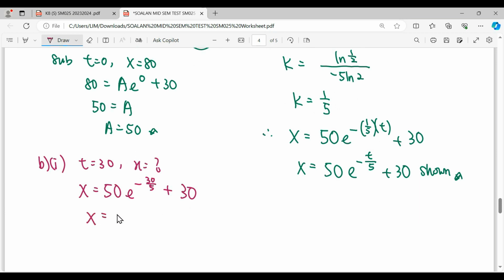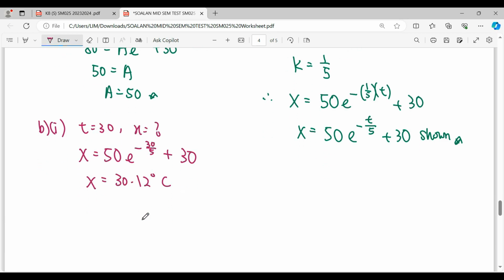So x will be equal to 30.12 Celsius. When you have an answer in decimal, make sure it is at least 3 significant figures. So we can accept 30.1 or 30.12, but we can't accept 30 Celsius because it's not enough significant figures.